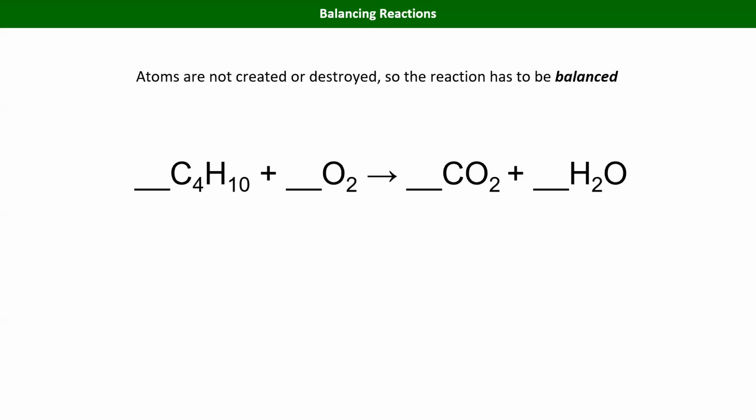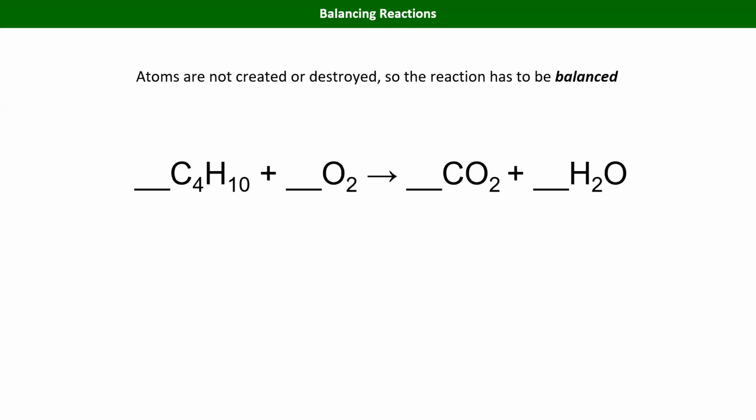But we can't just say C4O2, because that's not carbon dioxide anymore, right? We can't just change the subscripts to make the reaction balanced, because if we change the subscripts, it's not the same compound anymore, and it's not the same reaction anymore.